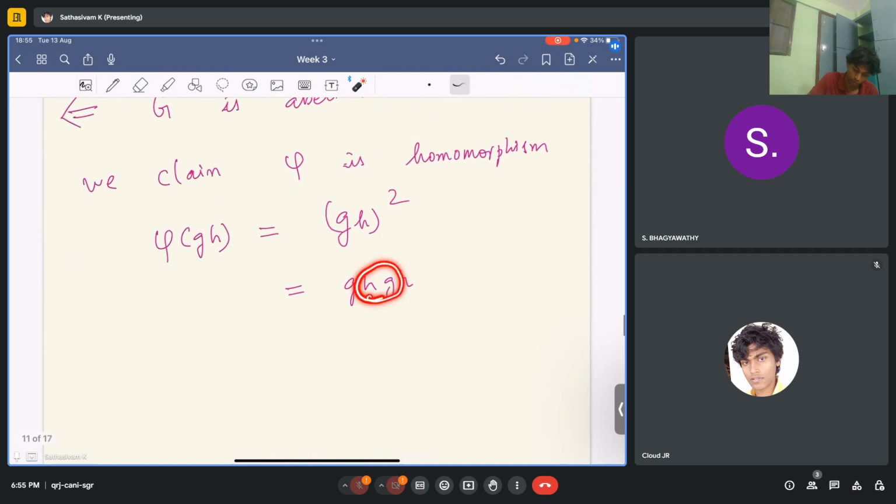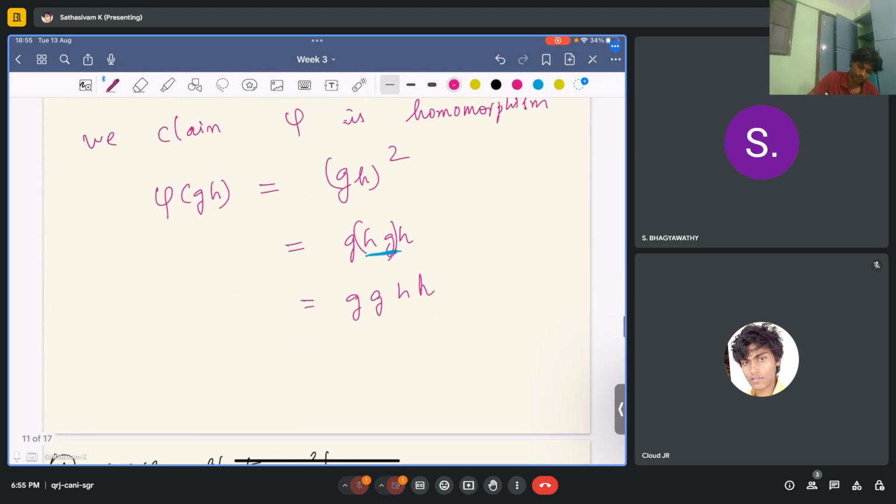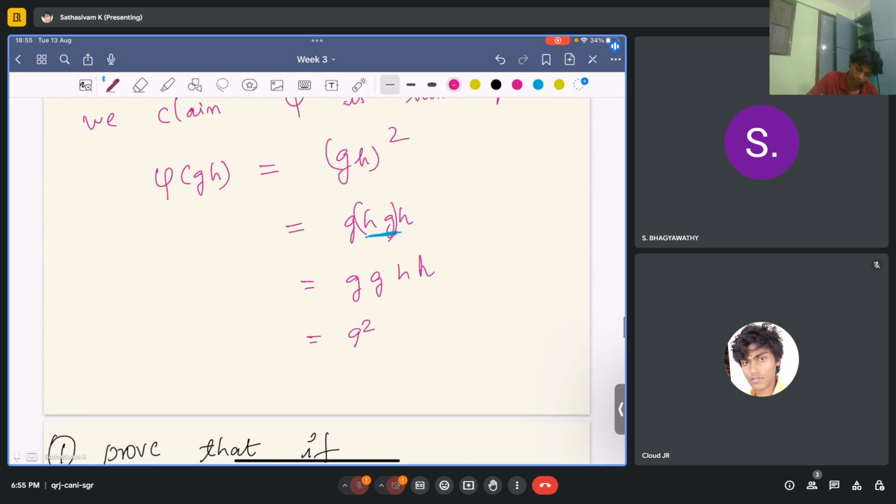So I can commute these two elements, this h and g. And this became g g h h. Basically, I am commuting this particular element. So this is g square h square. This is phi of g, phi of h.